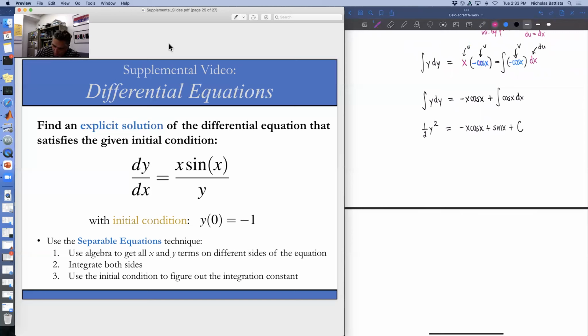And at this stage, again, we have an implicit solution. Now, we haven't used the initial condition yet, so we still don't know what c is equal to. And we're told in this problem, we also want to find an explicit solution in addition to figuring out what that c is, given the initial condition down below. So let's go ahead and just use the initial condition right now.